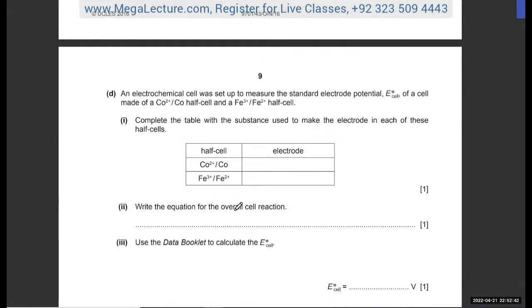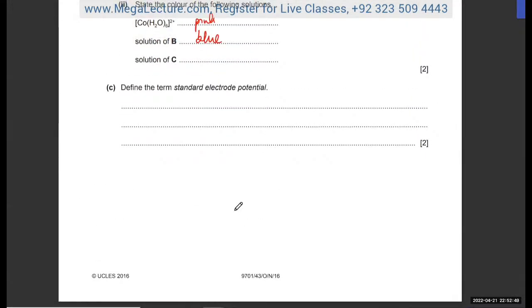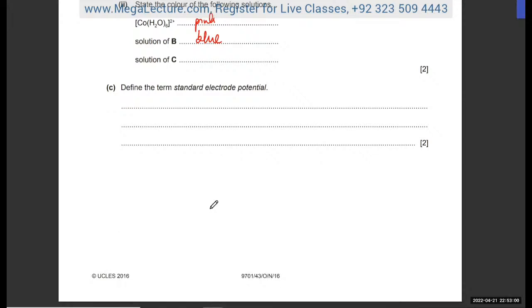So standard half cell और standard hydrogen electrode एक ही चीज होता है? Standard half cell? A half cell is an electrode. Yes, a half cell is an electrode. To make a complete cell, you need 2 electrodes, right? So a half cell would be an electrode, basically.